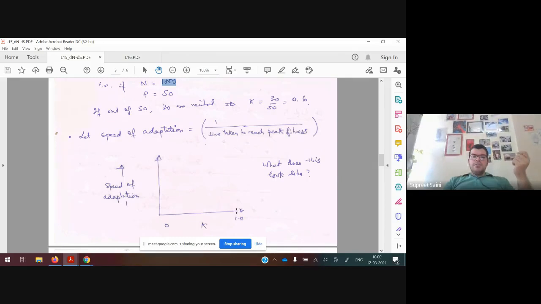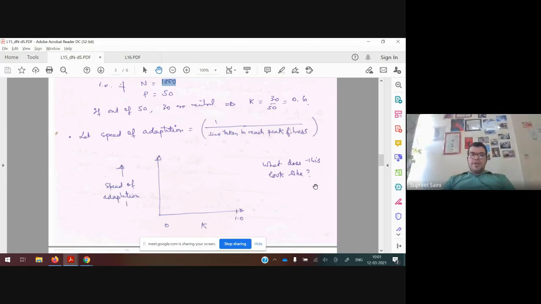K equal to 1 means that all mutations are neutral, right? Every time a mutation occurs, your fitness level never changes. The y-axis is the speed of adaptation, which is just 1 upon time taken to reach peak fitness. If I run these simulations, what is this graph going to look like?